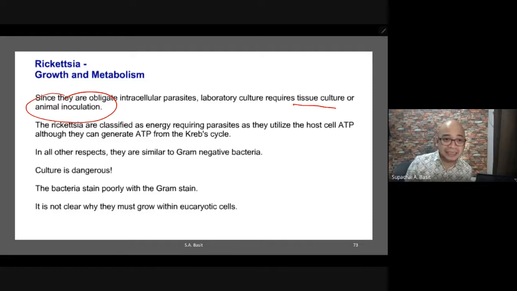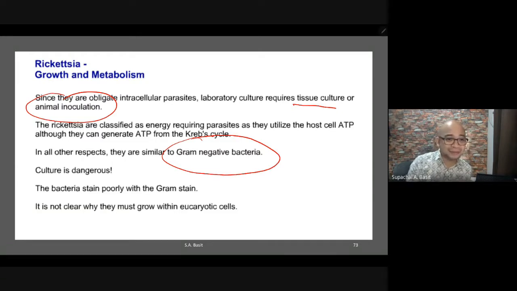Rickettsia are also classified as energy parasites because they utilize the host cell ATP, although they can also generate ATP from the Krebs cycle, but they are also utilizing our ATP as well. In all other respects, we are still considering them as gram-negative bacteria.